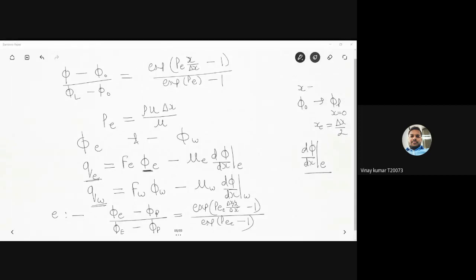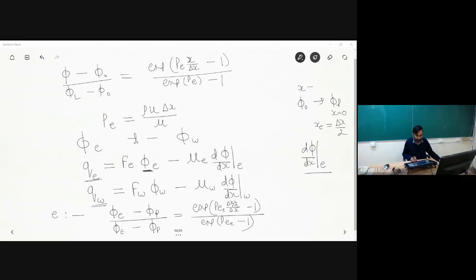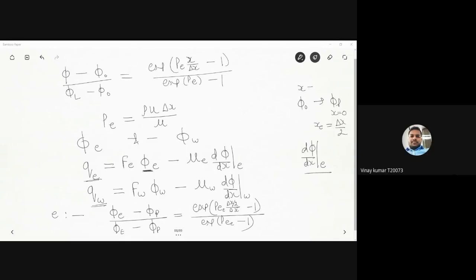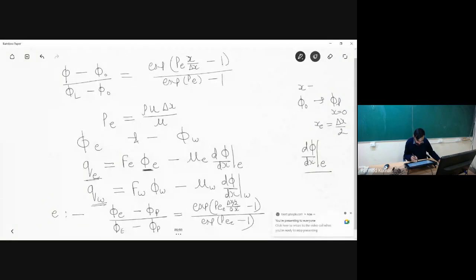Sir, that minus 1, should it be outside the exponential or inside, in both the denominator and numerator, sir? It is outside the exponential. Sir, actually you have written it inside. I have written inside, just let me see. No, okay, for the numerator term I have written it inside.